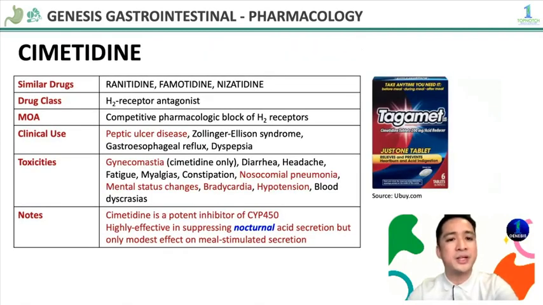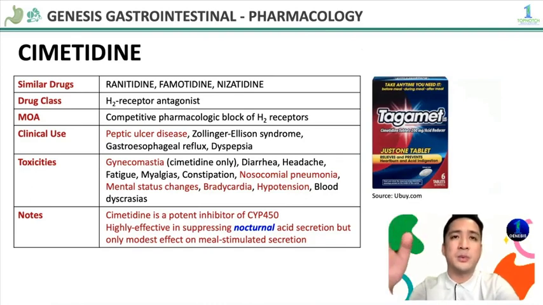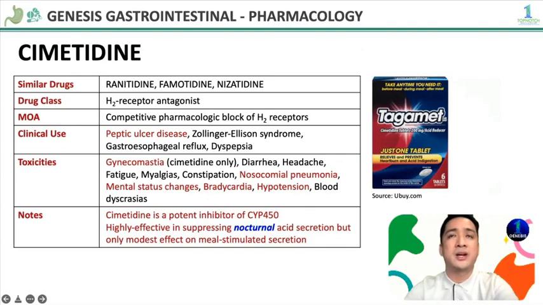Cimetidine is an H2 receptor antagonist. Being a receptor antagonist, it competitively blocks at the level of the H2 receptor. What does it mean in biochemistry? If you are going to increase the level of the substrate, which is your hydrochloric acid, your hydrogen ions, in cases of Zollinger-Ellison syndrome, it can compete with the drug binding to the H2 receptors.